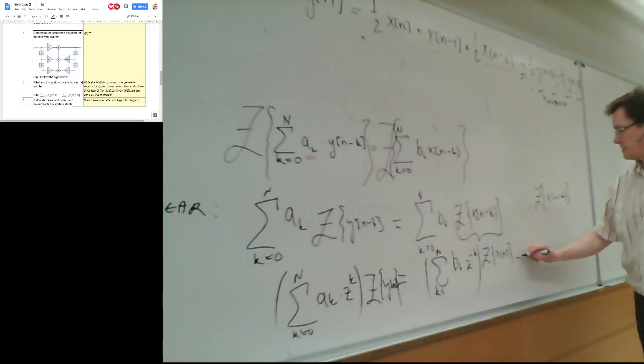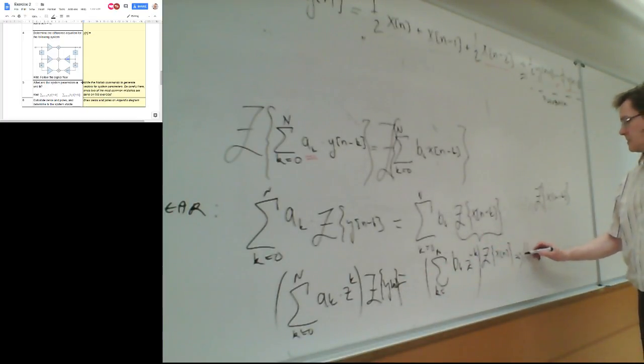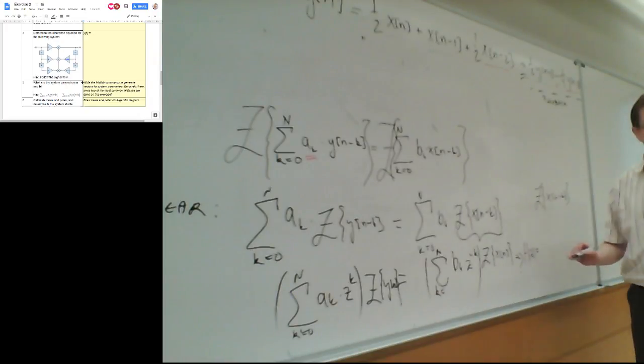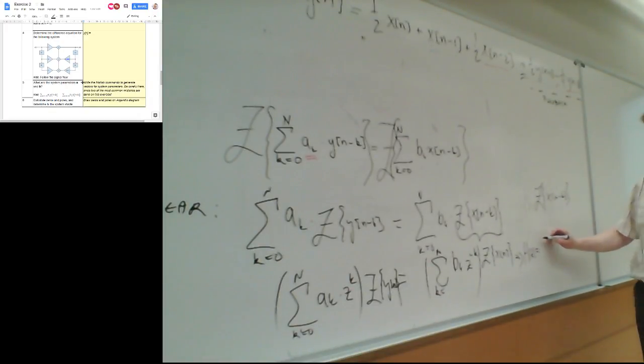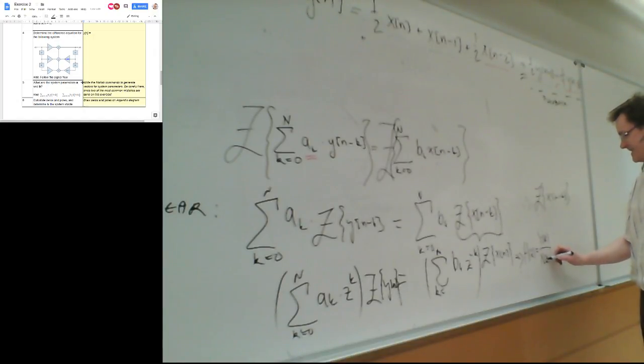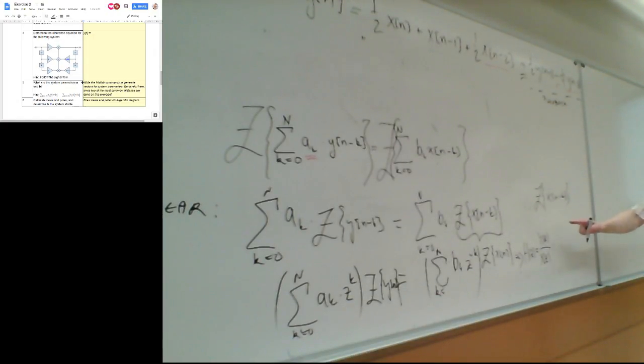And H of z is Y of z divided by X of z. So the transfer function of a system is the same as the Z transform of output divided by the Z transform of input.